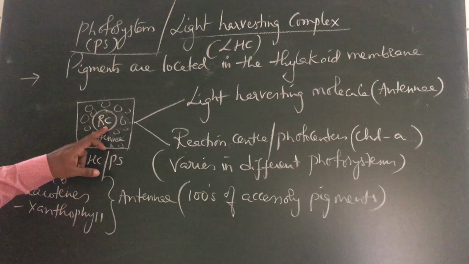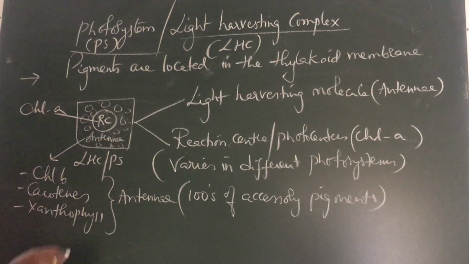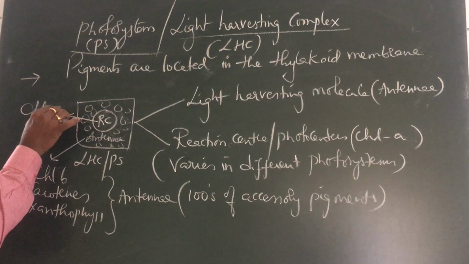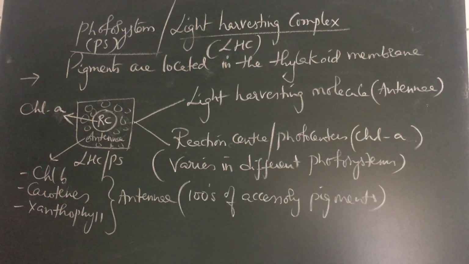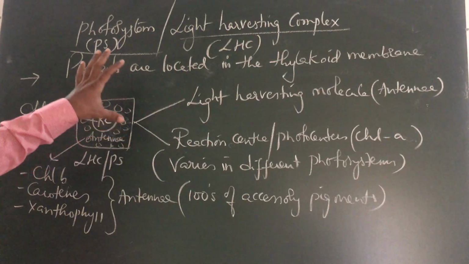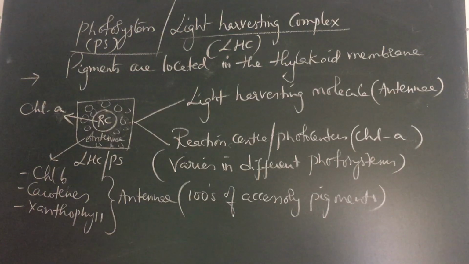And the reaction center consists of chlorophyll A at the center. So in the light harvesting complex, first the antenna absorbs light and passes it to the reaction center.